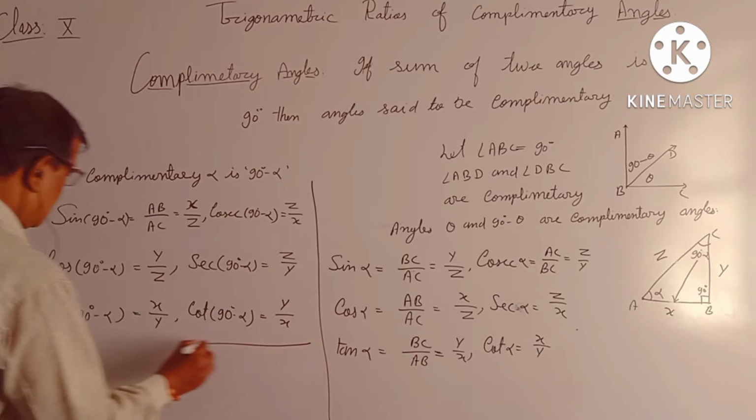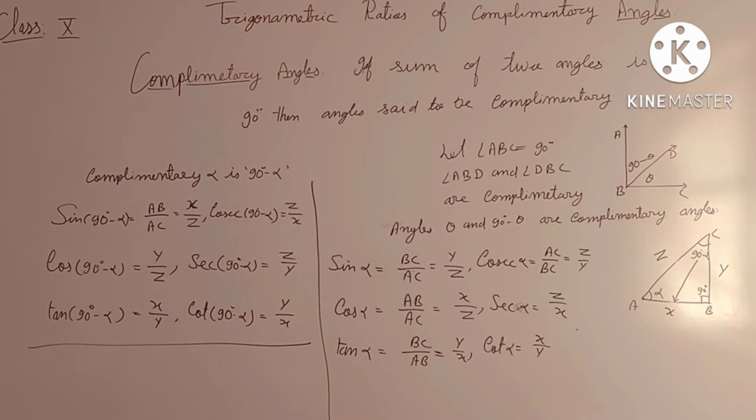Thus we have found all the ratios. When we find the complementary, the ratios change: sin changes to cos and cos changes to sin, tan changes to cot and cot changes to tan.